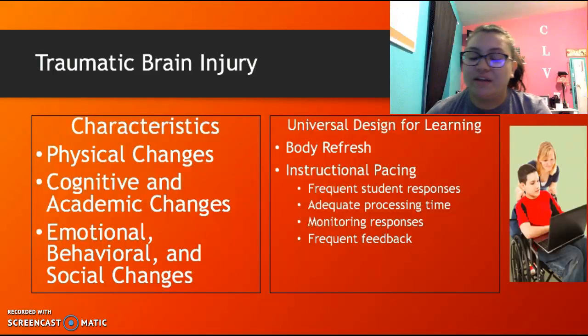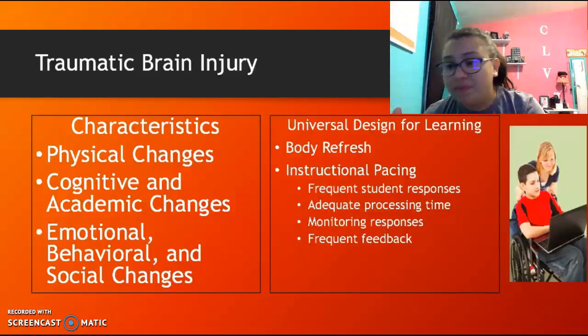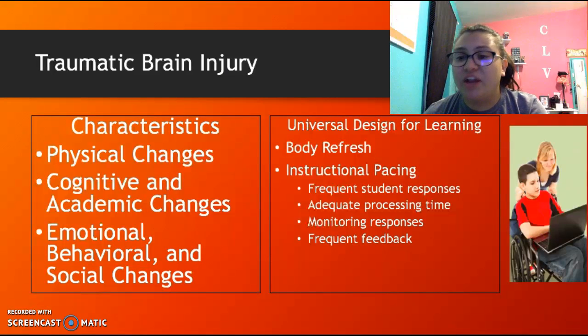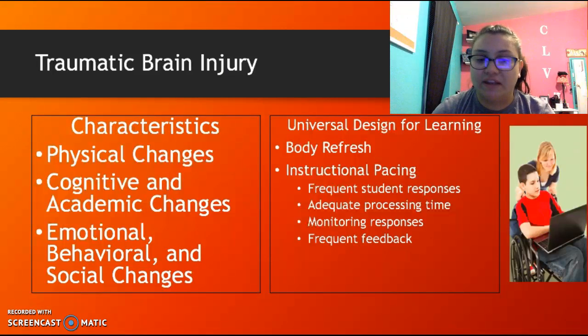So when a TBI student is especially fatigued and wanders off mentally, that child should just be allowed to lie down, and then from there the child listens to the teachers and the classmates. So this child does not completely miss out on the instruction.